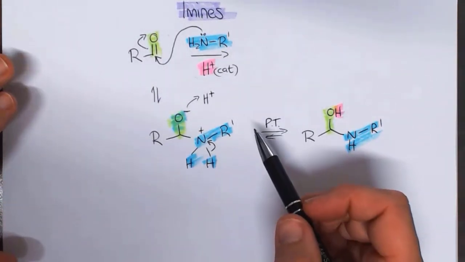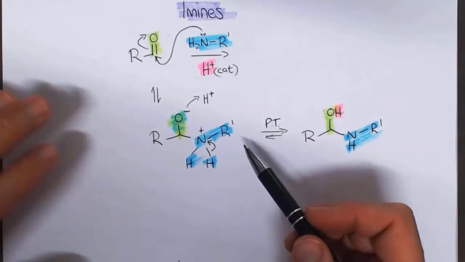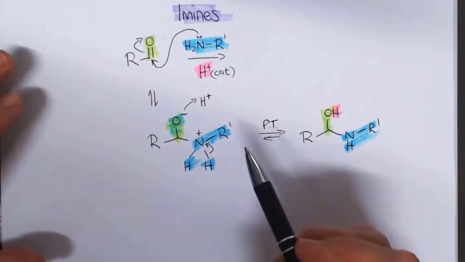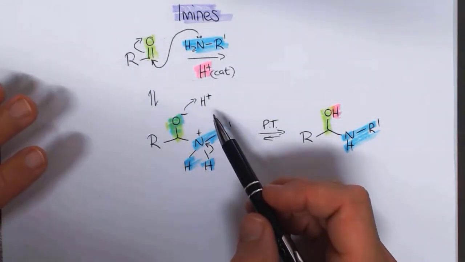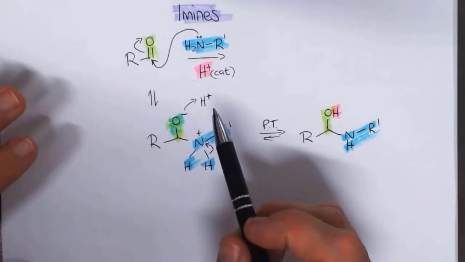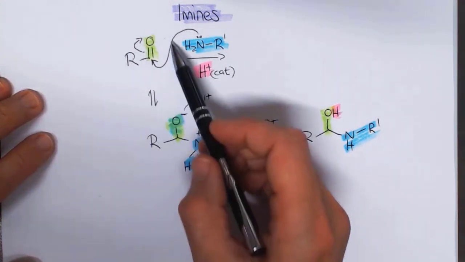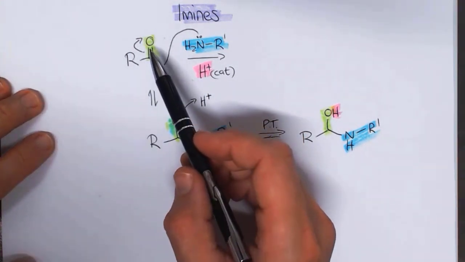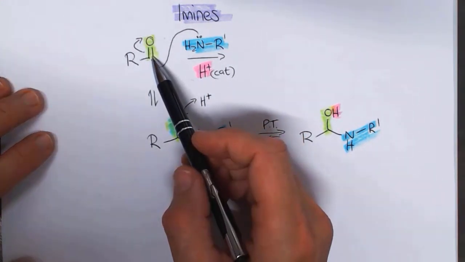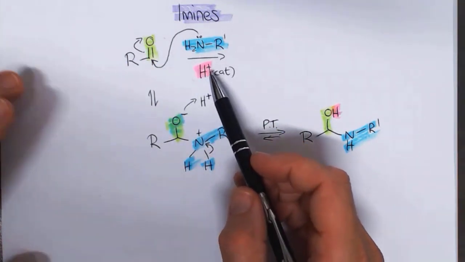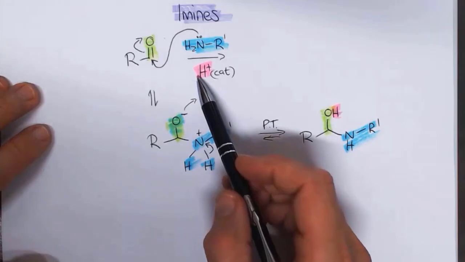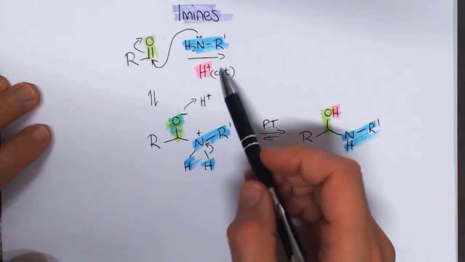Now, when I do this mechanism, what I tend to do, and it's totally fine if you do it this way, I like it because it keeps mechanistically the same thing happening every time we work with a carbonyl. I usually protonate the carbonyl first. So I'll take the lone pair and protonate it with the acid. Where's the acid coming from? Well, it's also coming from the solution.